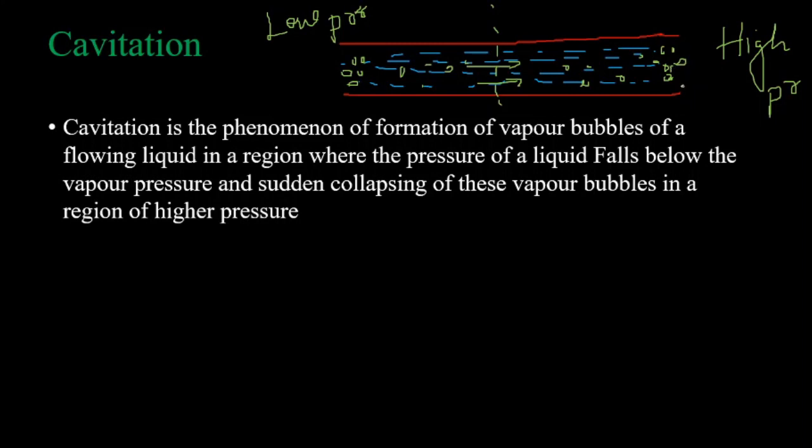When they collapse, a very high or tremendous rise of pressure will occur. So due to the collapsing of this, there will be a rise of pressure, and when the vapor comes to the high pressure zone, the bubbles collapse and the rise of pressure happens.